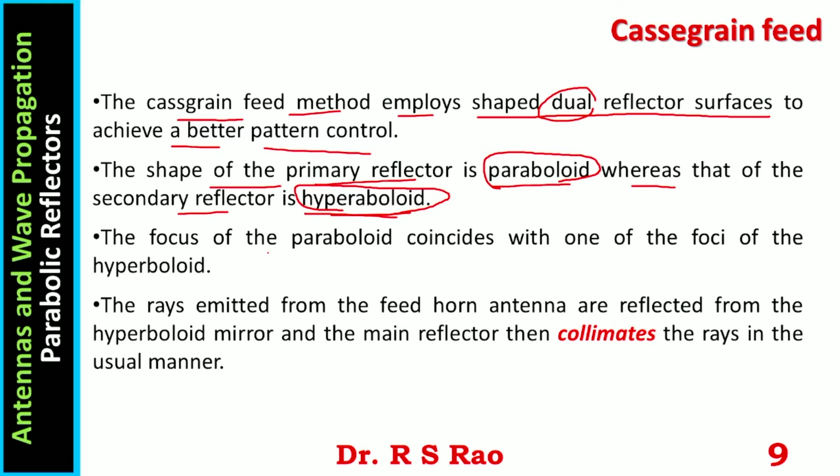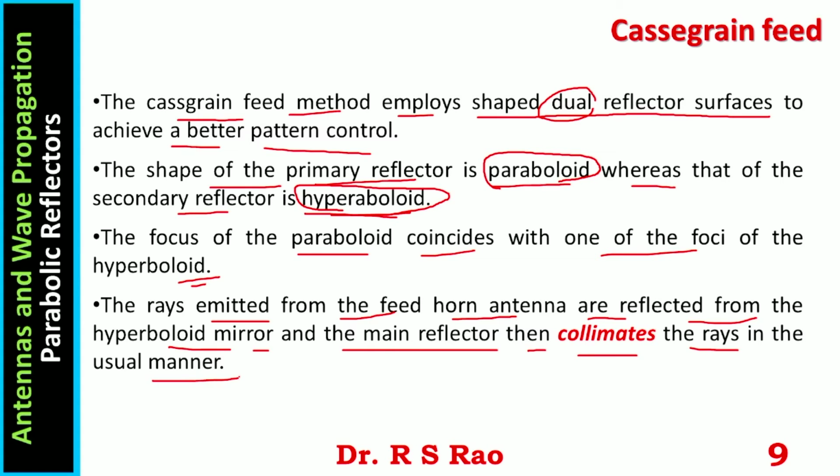The focus of the paraboloid coincides with one of the foci of the hyperboloid. The rays emitted from the feed horn antenna are reflected from the hyperboloid mirror, and the main reflector then collimates the rays in the usual manner.